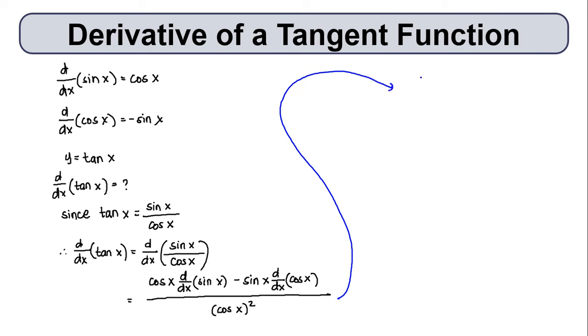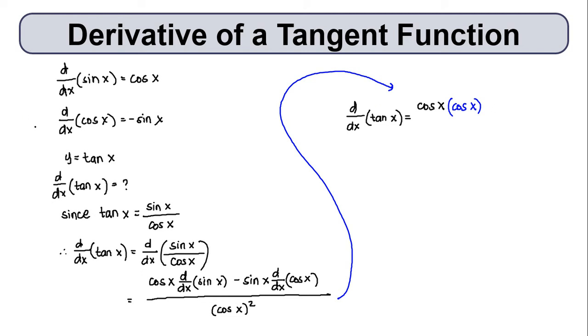Yan. So in this case, sagutan natin yung mga derivatives. Okay? So the derivative ng tangent x equal daw yan sa cosine x, right? So ang derivative ng sine x ay cosine x. So cosine times cosine x pala to.